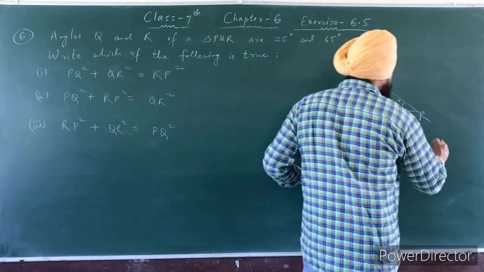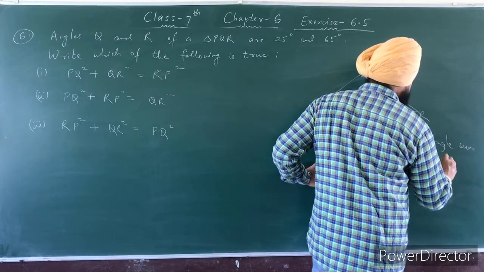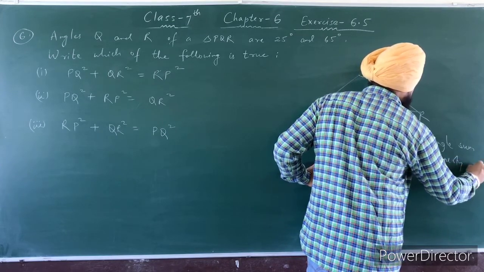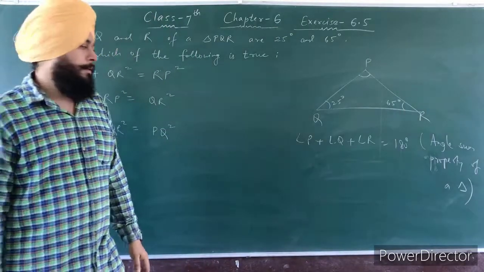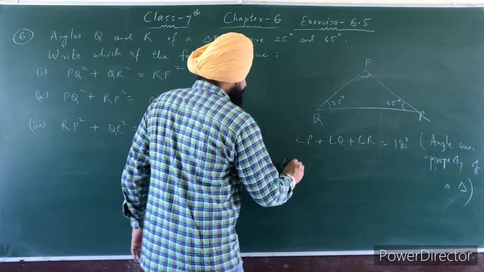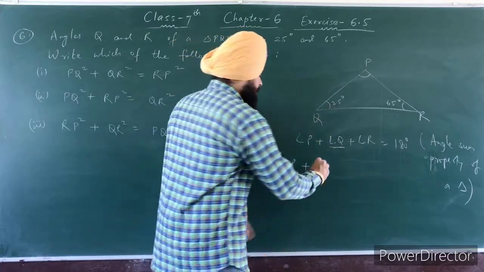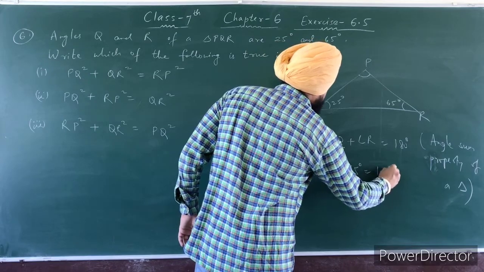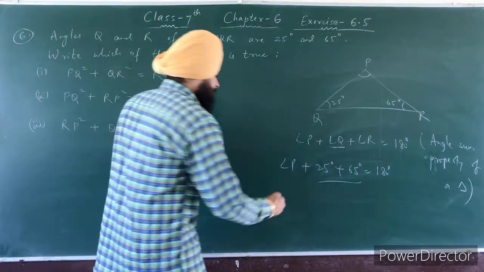Write this here, angle sum property of a triangle. Now you have to find the value of angle P. The measure of angle Q is 25 degrees, and the measure of angle R is 65 degrees. So 65 degrees plus 25 degrees is 90 degrees.